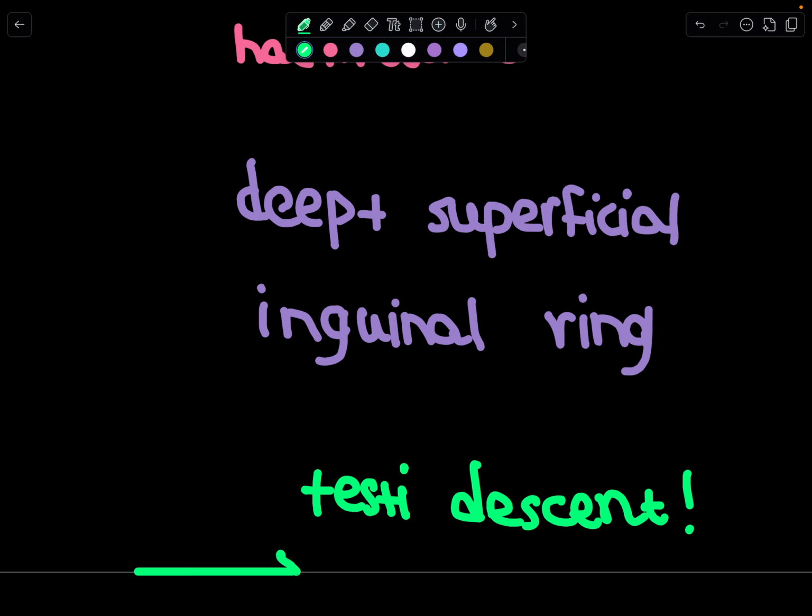Now, the deep inguinal ring is the entrance to the canal, located in the transversalis fascia, about halfway between the anterior superior iliac spine, ASIS, and the pubic tubercle, where structures like the spermatic cord in males or round ligament in females enter. The superficial inguinal ring is the exit, a triangular opening in the external oblique aponeurosis, just above the pubic tubercle, where these structures leave the canal to reach the scrotum or labia.